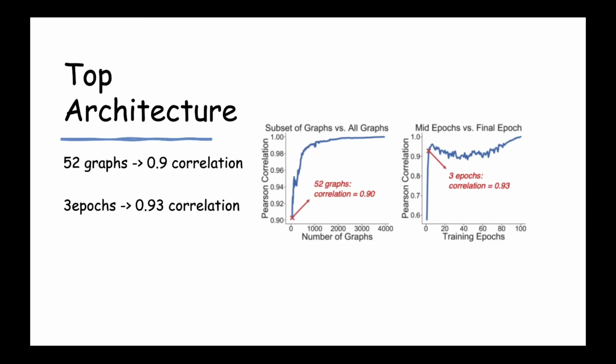In this case, after 3 epochs, we already have a really high correlation, which is 0.93. This indicates that a good relational graph performs well even at the initial training epochs. This finding is important as it indicates that the computational cost to determine if a relational graph is promising can be greatly reduced.